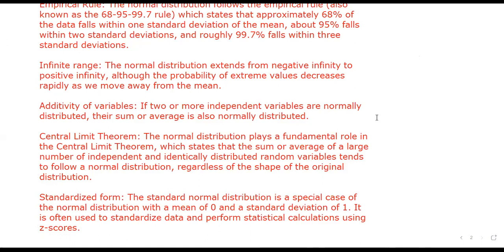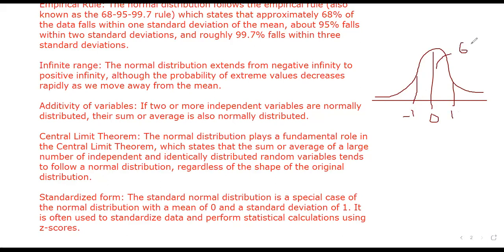The empirical rule simply approximates the percentage that falls within the standard deviations as follows. If we have one standard deviation, this is 0 and this is 1, and there's -1. The percentage under this graph is equivalent to 68%.